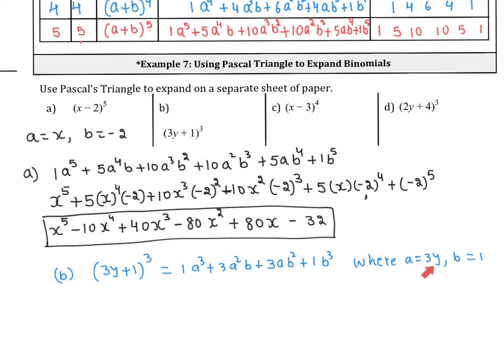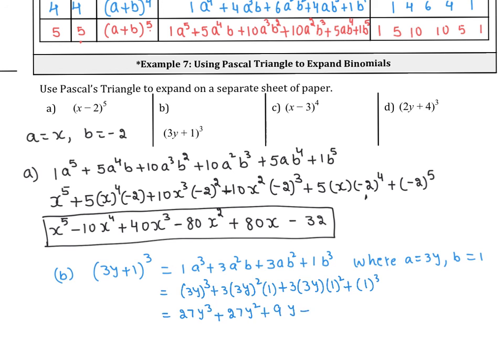So all you have to do is plug in 3y for a and 1 for b. So your answer is going to be 3y cubed plus 3 times 3y squared times 1 plus 3 times 3y times 1 squared plus 1 cubed, and that's going to be 27y cubed plus 9 times 3, 27y squared plus 9y plus 1.